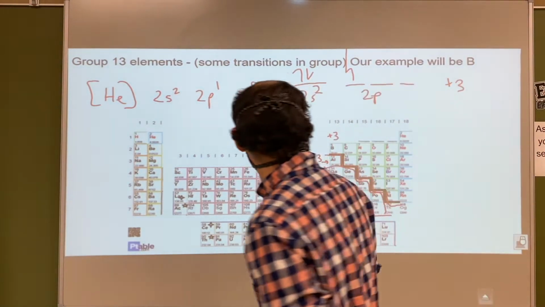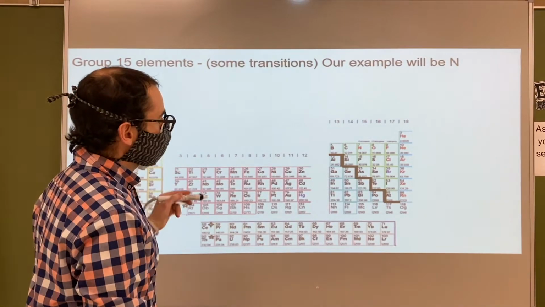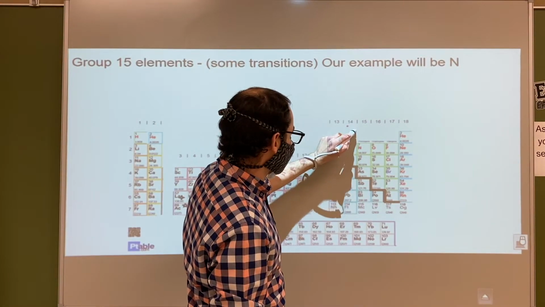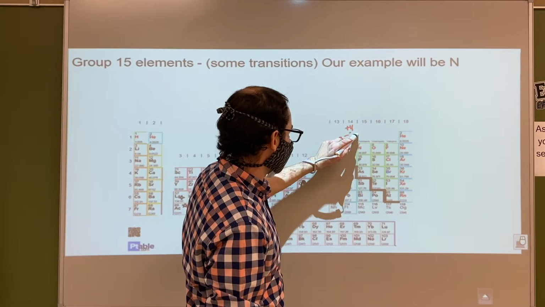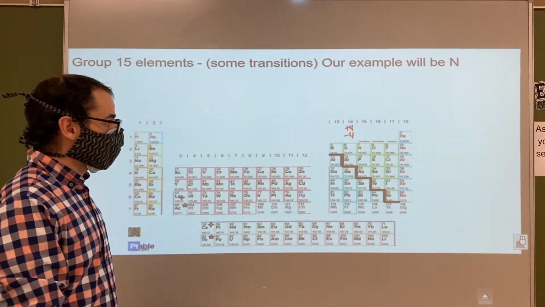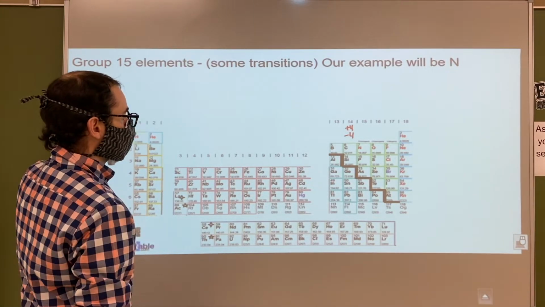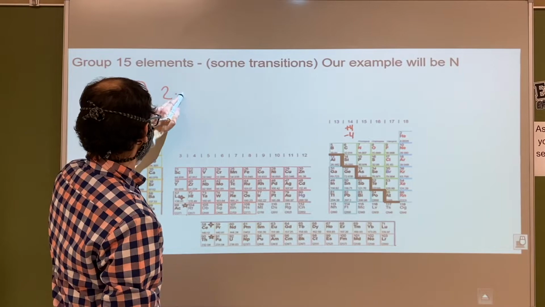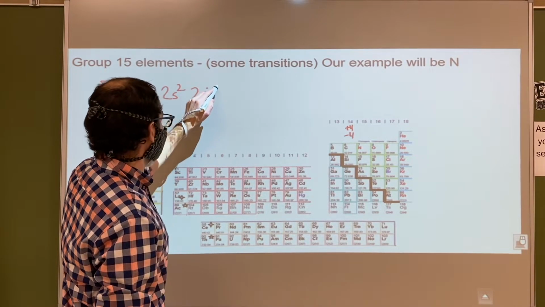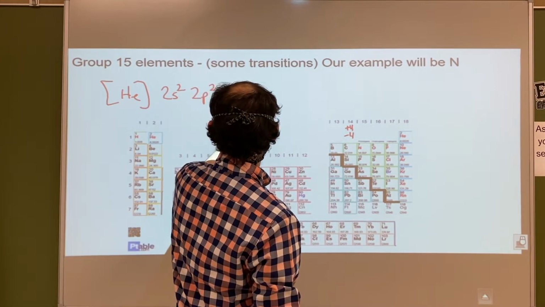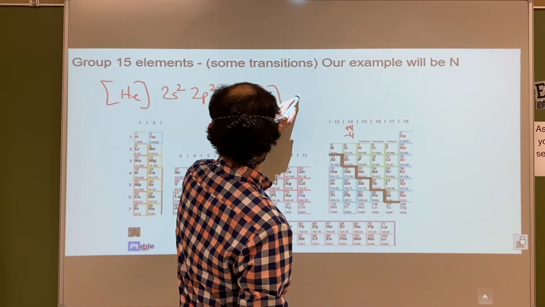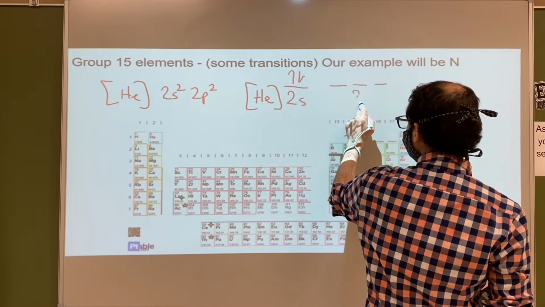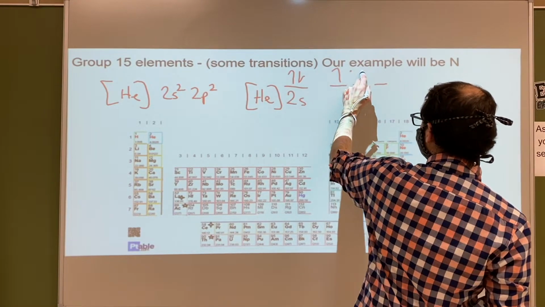Okay, the next one, carbon and silicon. We did these in class. This was plus 4 or minus 4. All right. So with these, it's going to be He, 2s2, 2p2, and then we have helium, 2s up, down, 2p up, up.